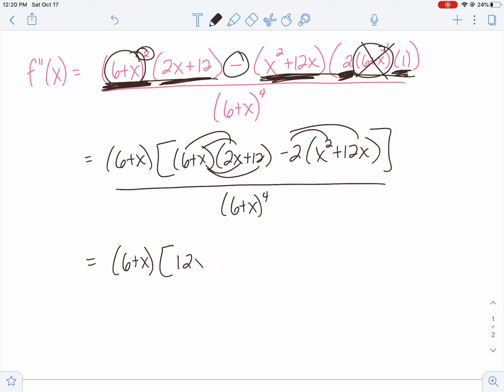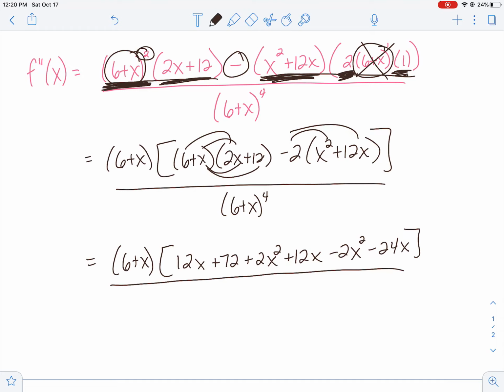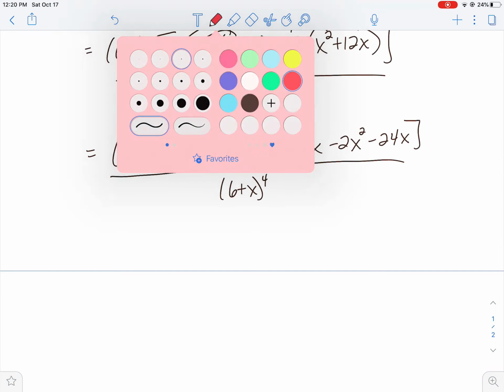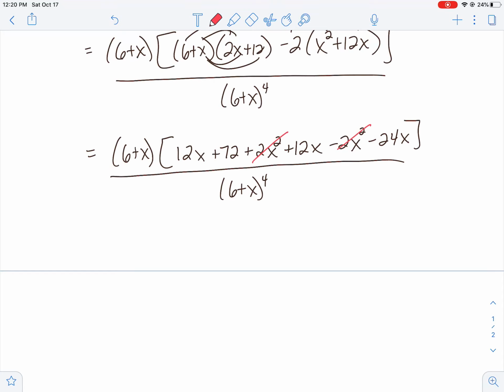When I do that, I end up with a 12x plus 72 plus 2x squared plus 12x minus 2x squared minus 24x. Looking at my terms, I have a positive 2x squared and a negative 2x squared, they cancel.